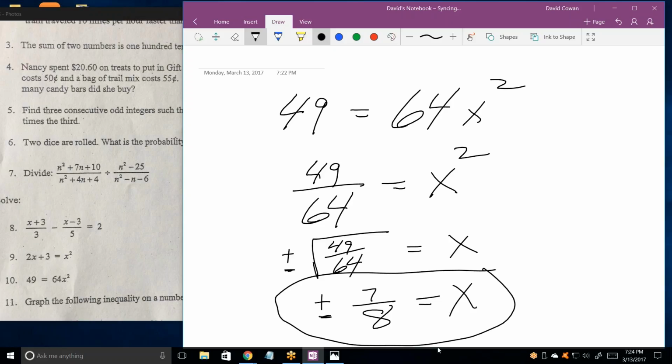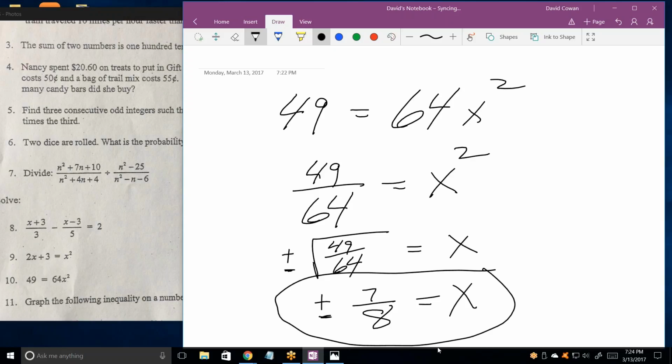And the only way that I can think of to get everybody to never make that mistake is to say that if you're ever solving an equation by taking the square root of both sides, begin your answer with the words plus or minus. Always. 100% of the time.